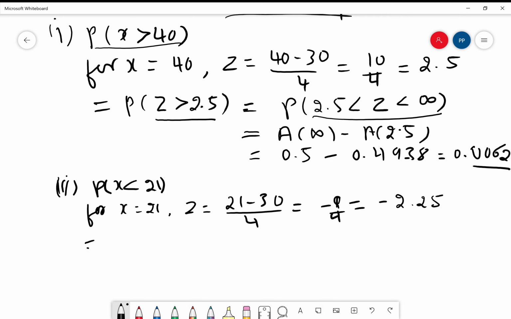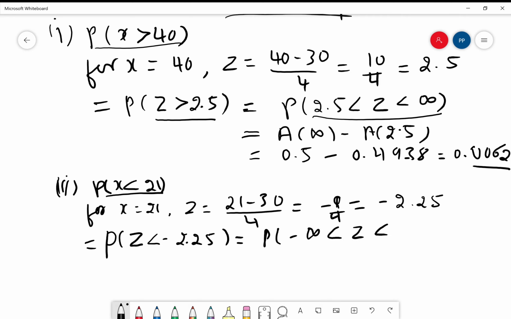So this probability of x less than 21 is the same as probability of z less than minus 2.25, which means probability of minus infinity less than z less than minus 2.25. So it is a probability over a negative interval.